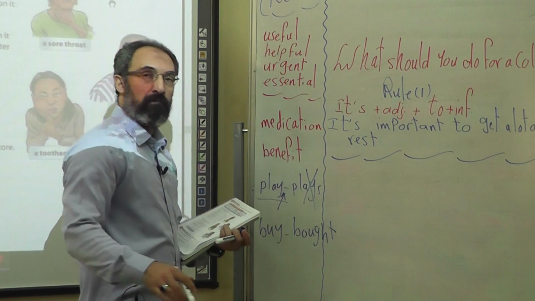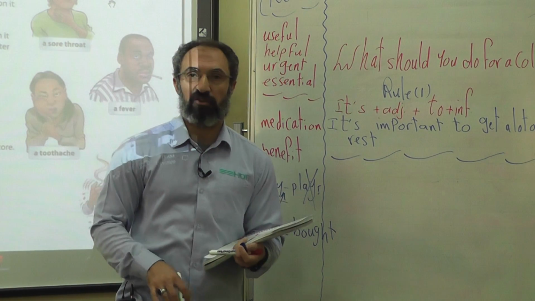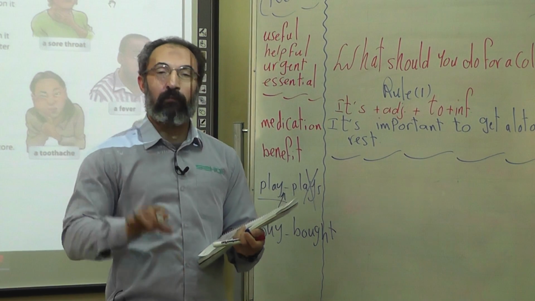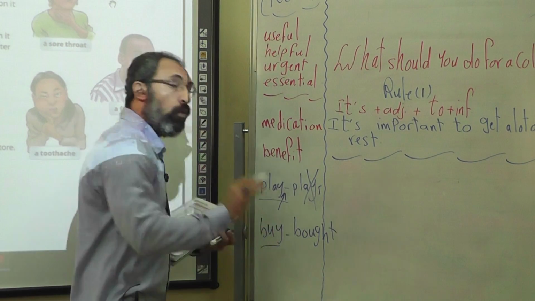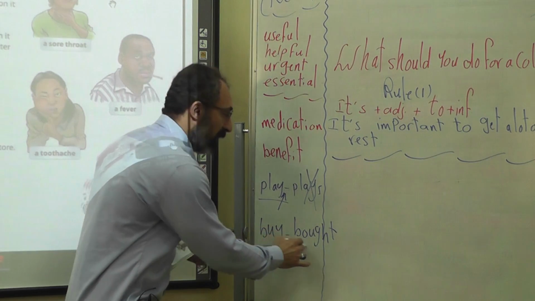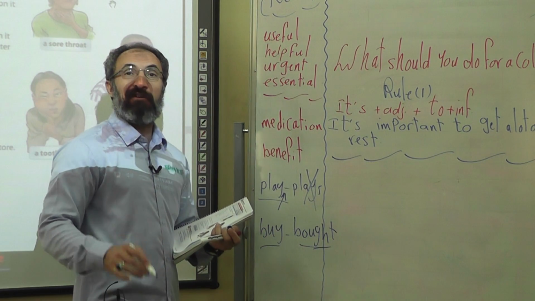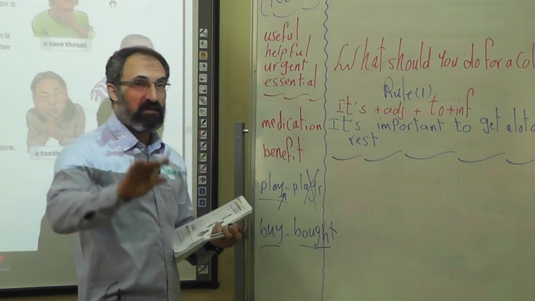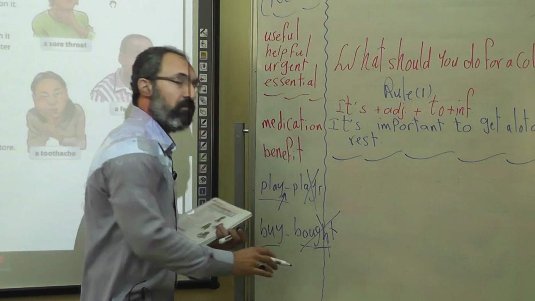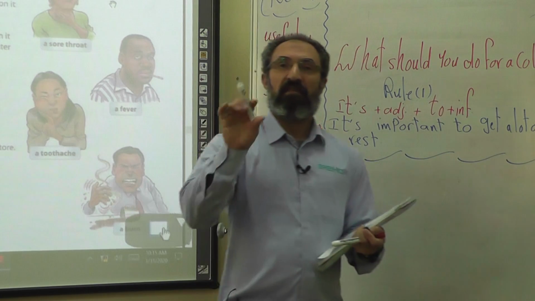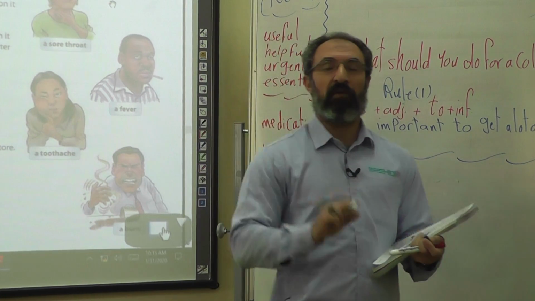Which one of them, buy or bought, is considered my infinitive form? Honestly speaking, it's buy. Why? Because bought is the second conjugation of buy. So no, it's not considered my infinitive. It's buy. So this is about the infinitive form of a verb.